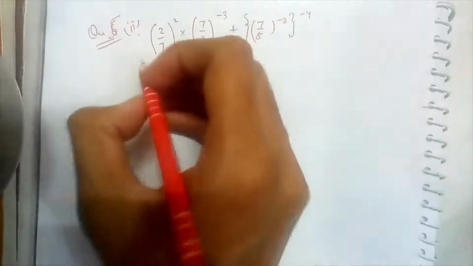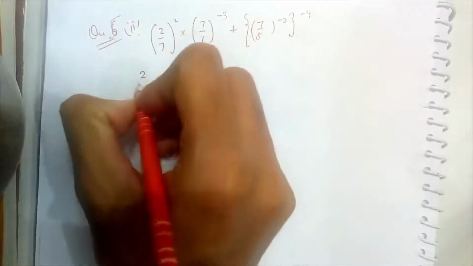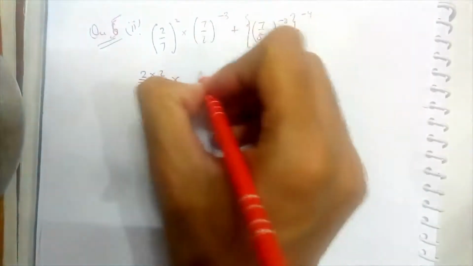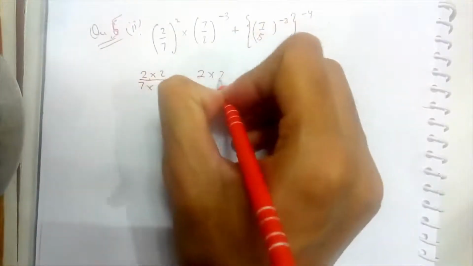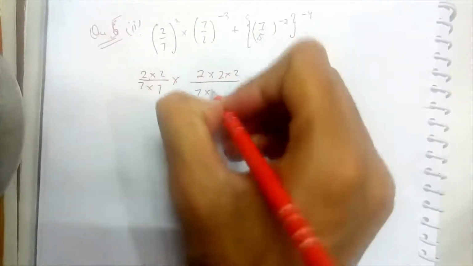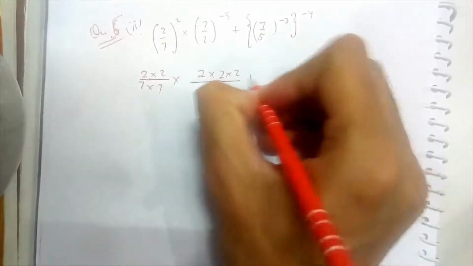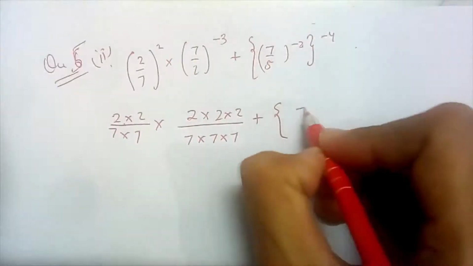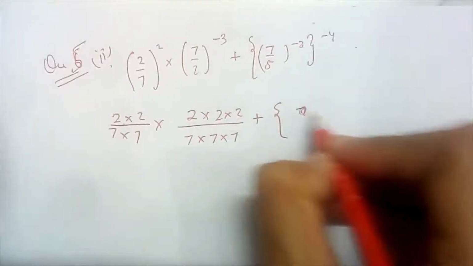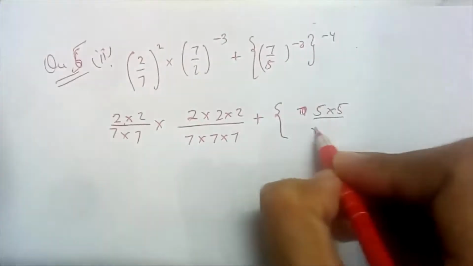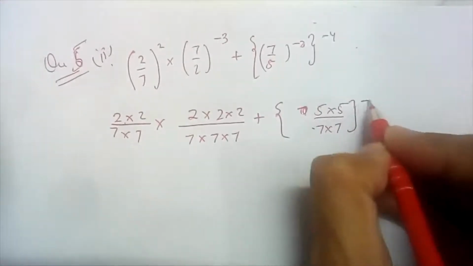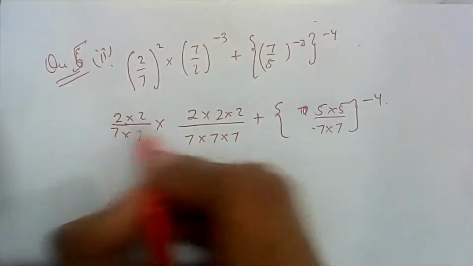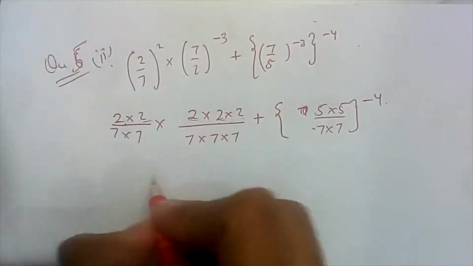Solving the next part of this question, we will write it as 2 into 2 upon 7 into 7, then reverse it and expand it, the power minus 4. First we will solve this. So here the base is the same, that is 2.